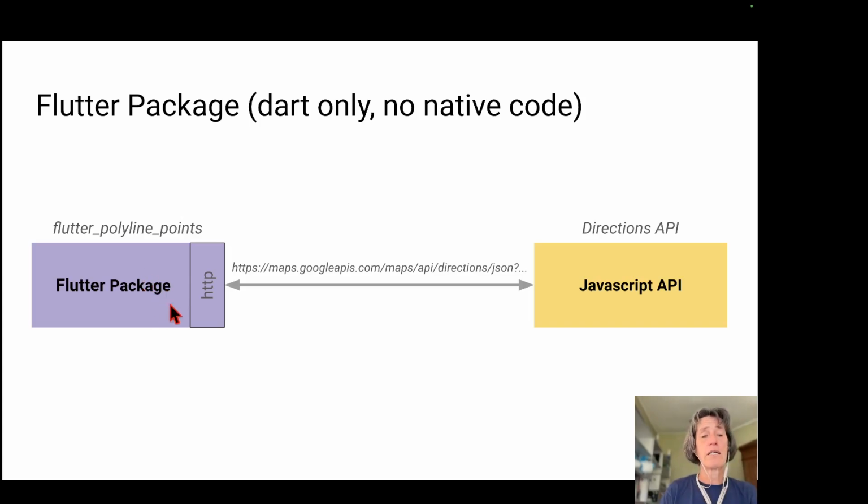All it does is it provides a fancier interface with type checking to issue an HTTP request to the JavaScript API, the directions API to be specific. So it takes all the arguments, puts them into the correct form, sends this request off, receives the result, and parses it into a form again that the user expects.